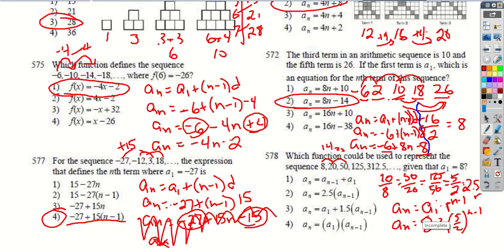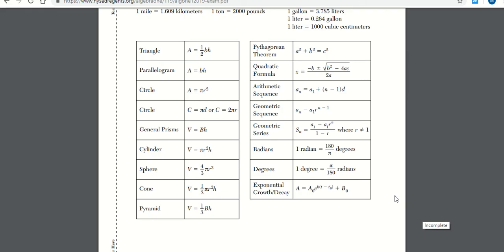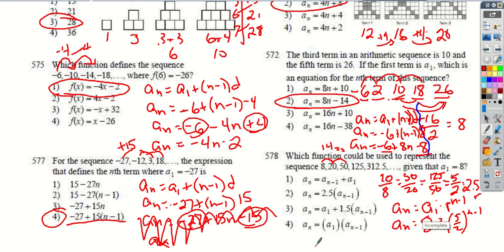Now, there's another option, which is that we do a recursive function. So the recursive function would equal a sub n minus 1.